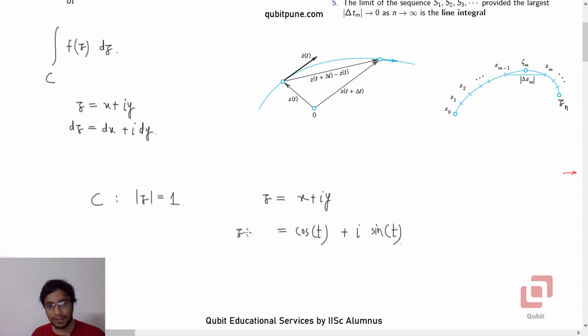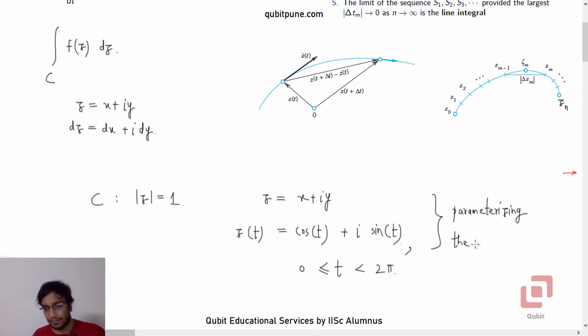By doing this, we have successfully expressed z as a function of t. Now z is a complex variable, but it has been defined in terms of two functions of a real variable, cos t and sin t, and we may also specify the limits on t. This is known as parameterizing the unit circle.